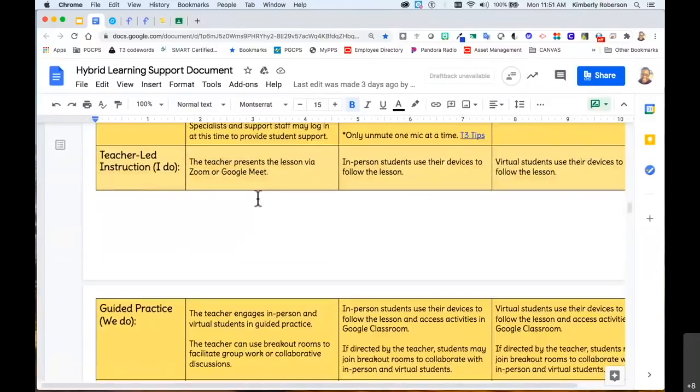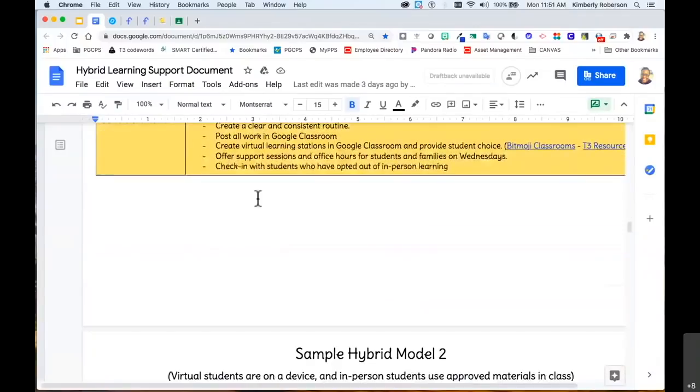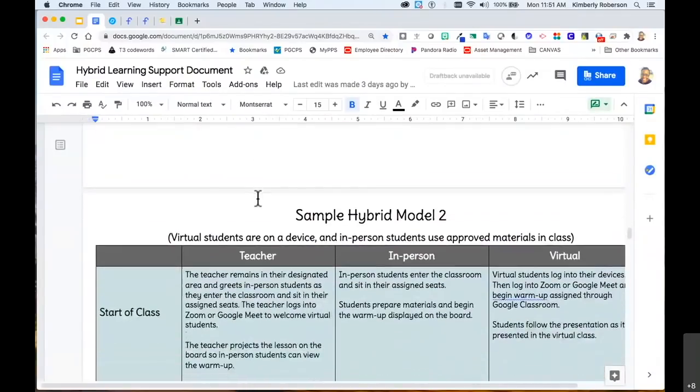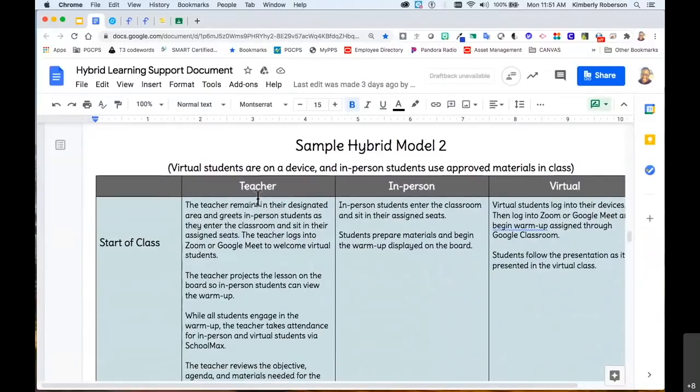We have an academics resource that we're modeling for you so you can see what each of the models look like. In Model 2, in-person students see the teacher's lesson on the display in the classroom, while the virtual students are connected through Zoom or Google Meet.